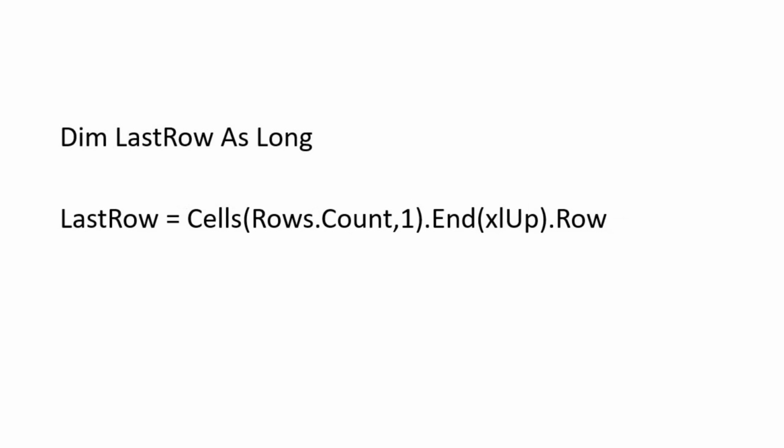The most common technique is by writing your code this way. Dim lastRow as Long. lastRow = Cells(Rows.Count, 1).End(xlUp).Row. Many beginners copy this line of code without understanding it. Today you understand every part of it.